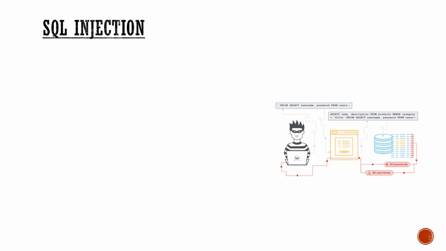SQL injection is a type of security vulnerability that occurs when an attacker manipulates a web application's input fields or parameters to execute malicious SQL queries against the underlying database.